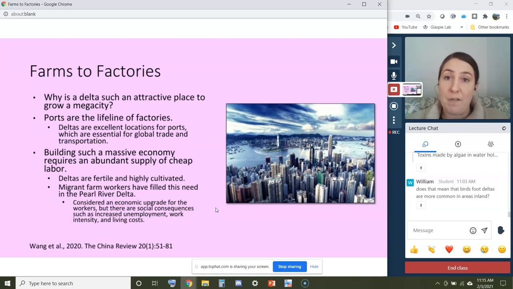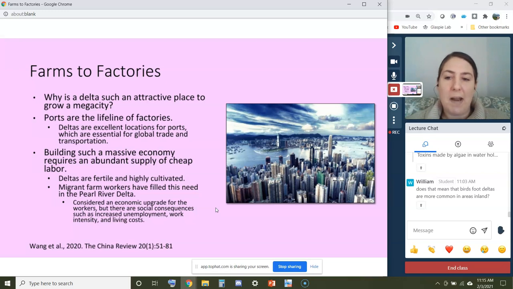They're the lifeline for factories. They allow goods to be exchanged in the global economy, and they allow people to move around. So having ports nearby is definitely an important part of choosing a delta as a place to invest lots of money. But there's more to it than that.